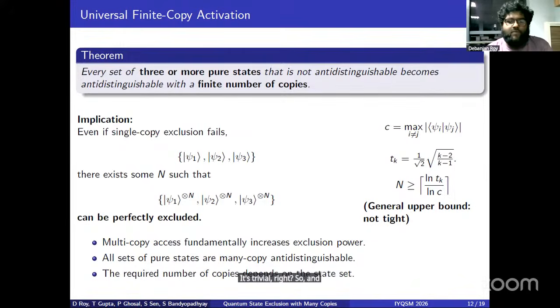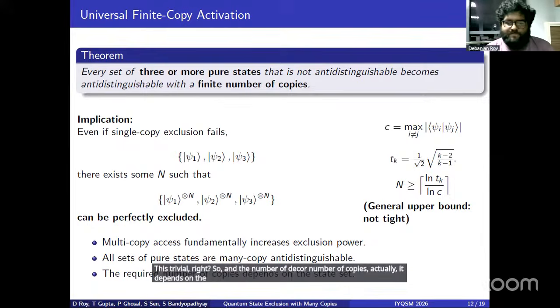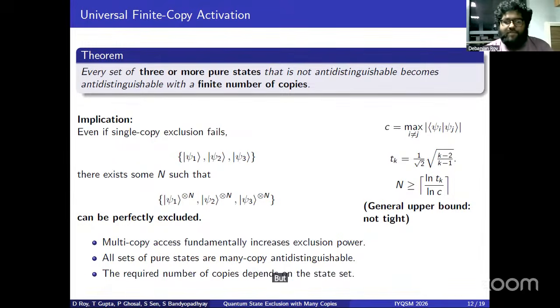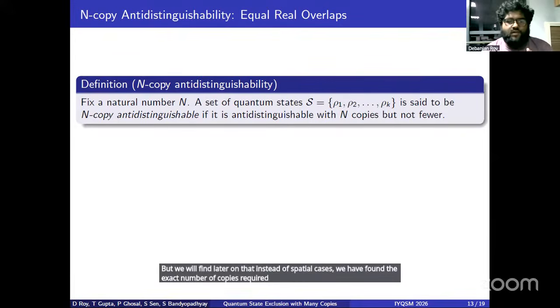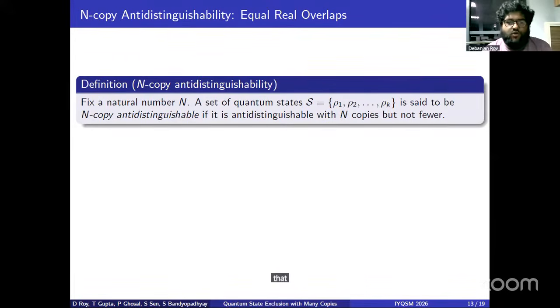The required number of copies depends on the set of states. This general upper bound is not tight, but we will find later that in very special cases we have found the exact number of copies required for the multi-copy scenario.